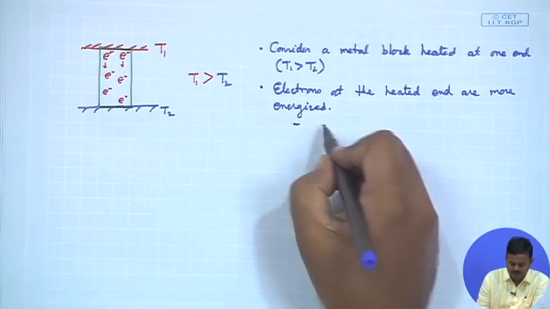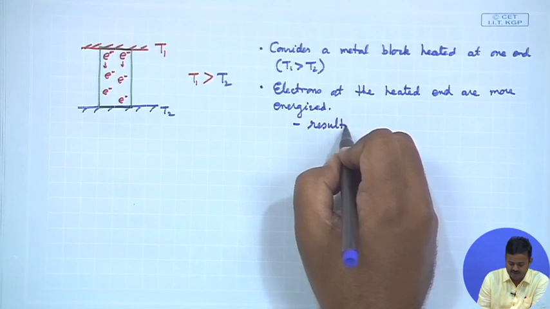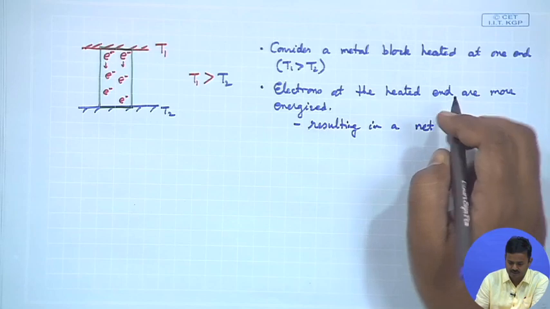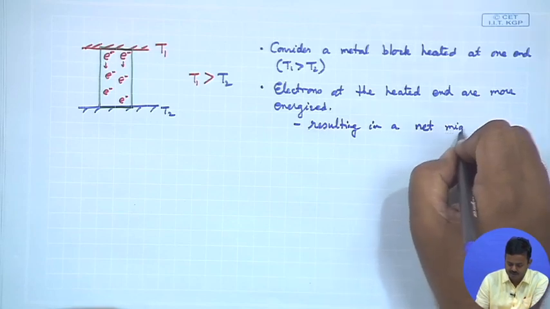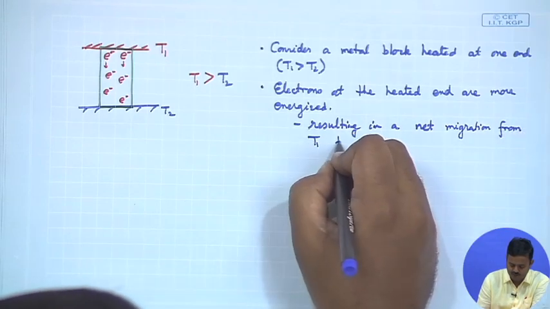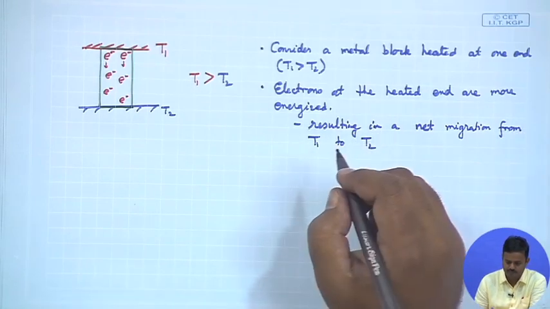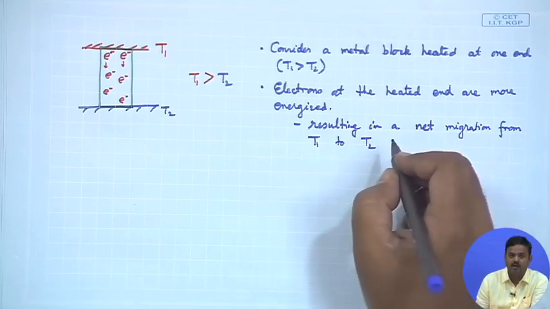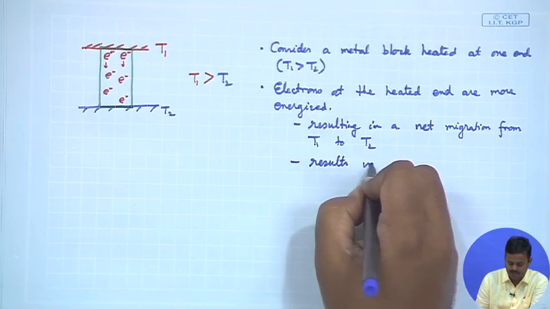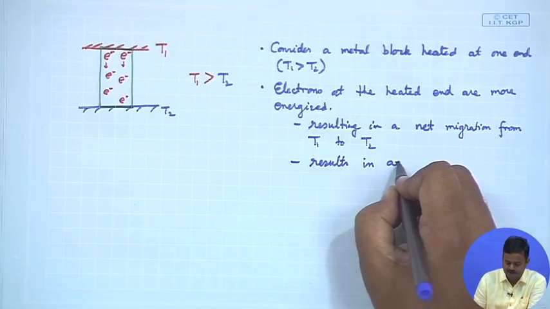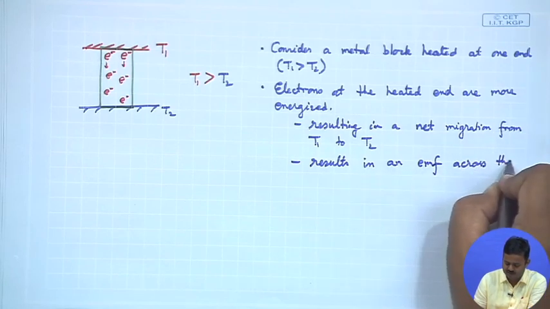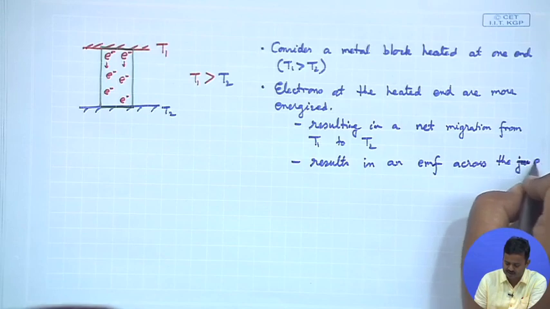Okay. So, resulting in a net migration from T1 to T2, and therefore results in an EMF, electromotive force, across the junctions or ends, let us say.